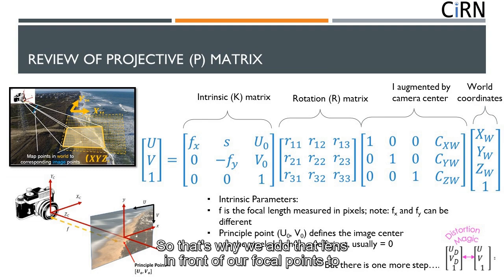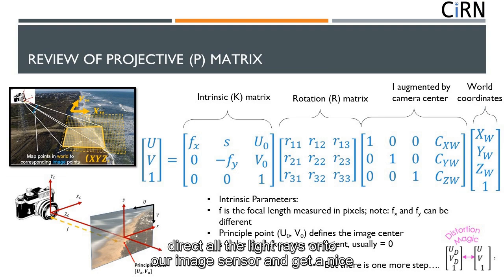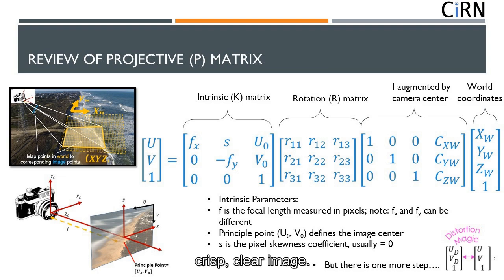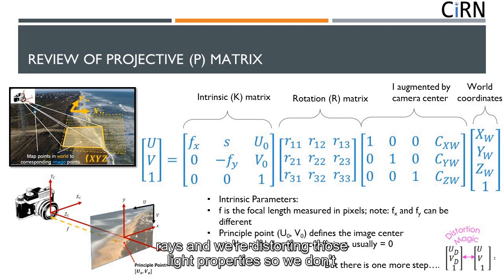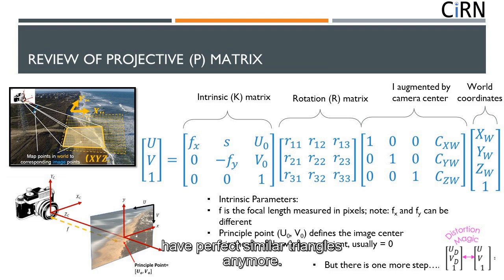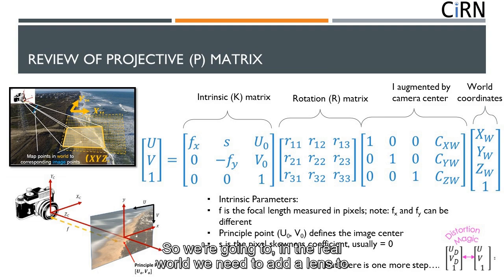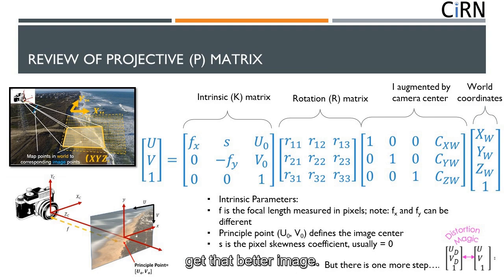So that's why we add that lens in front of our focal point to direct all the light rays onto our image sensor and get a nice, crisp, clear image. But by adding that glass, kind of curved lens, we're bending the rays and we're distorting those light properties. So we don't have perfect similar triangles anymore. So in the real world, we need to add a lens to get that better image. And so we're going to account for that in our equations.